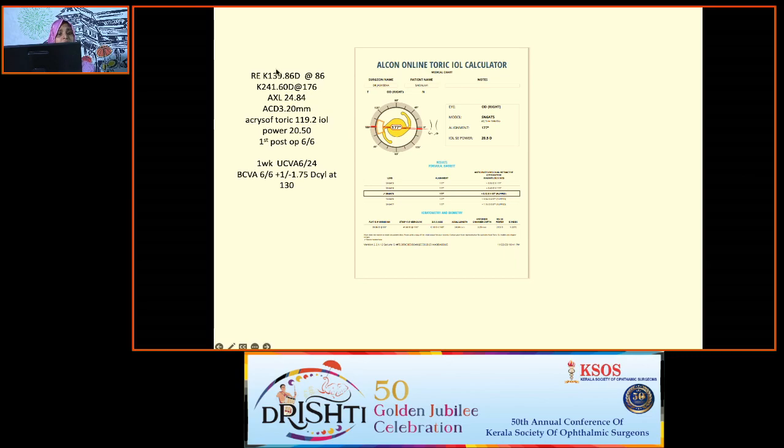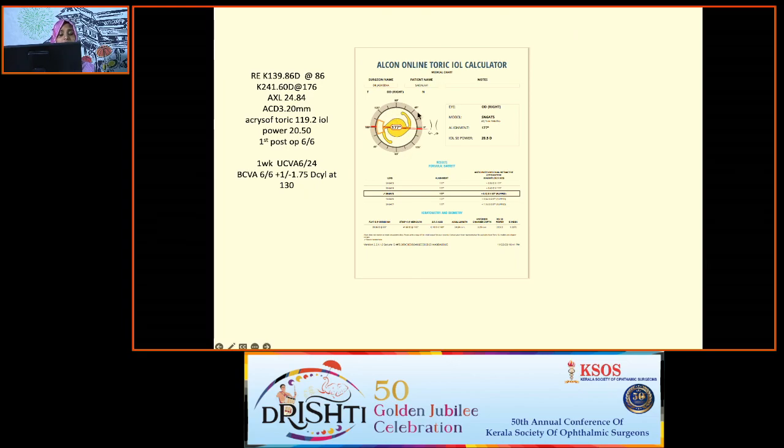So here is one patient, a 67-year-old male. His K1 was 39 at 86 degrees. K2 was 41.6 at 178 degrees, and IOL power was 20 D. On the first day his vision was 6/6. At 1 week he came with vision reduced to 6/24, and his BCVA was 6/6 with correction.